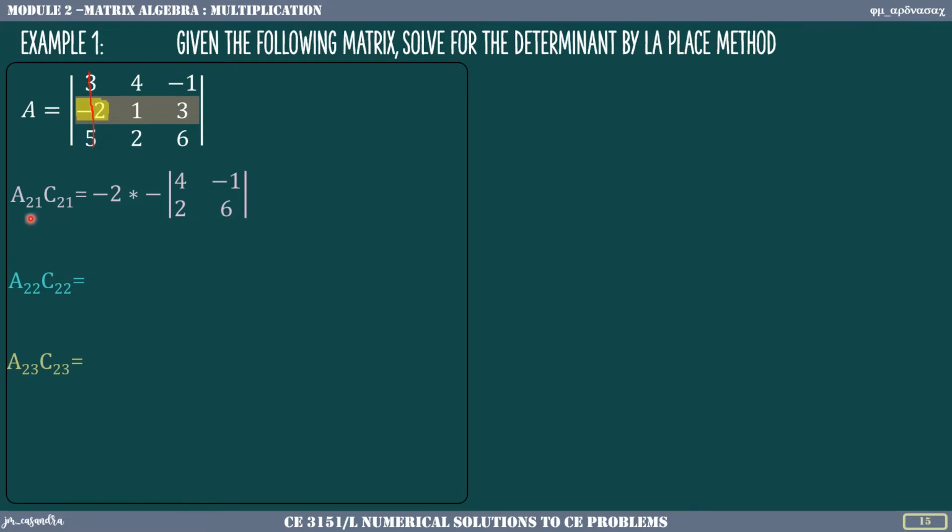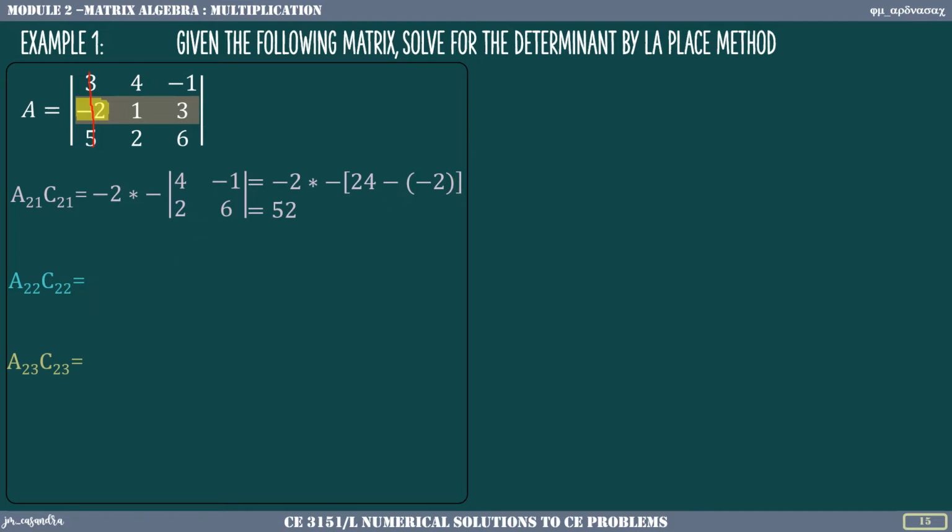Computing now for the product, we'll have negative 2 multiplied by negative 4 times 6, that's 24, minus 2 times negative 1. The negative sign here comes from negative 1 raised to 2 plus 1. For our shortcut from our cofactor lecture, the signs go positive, negative, positive, negative. Simplifying this equation, we'll get that A21 times its cofactor is equivalent to 52.